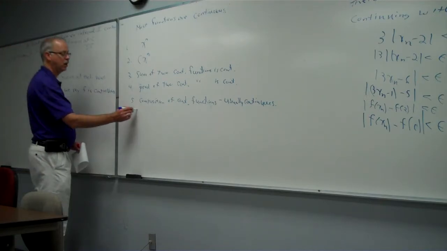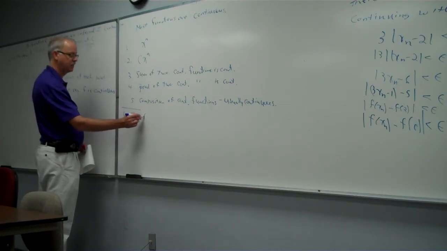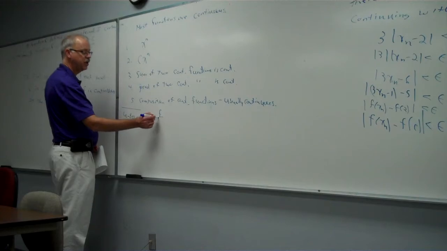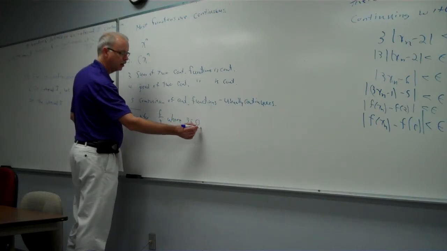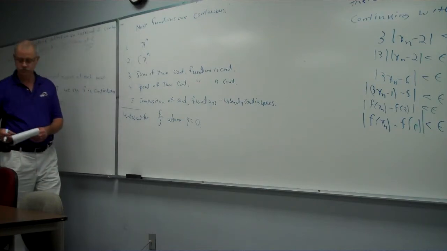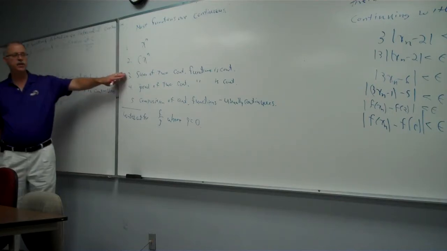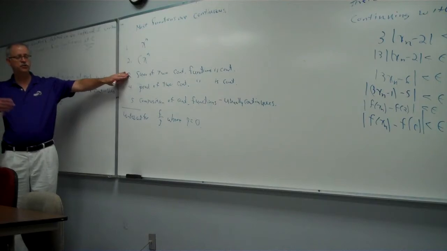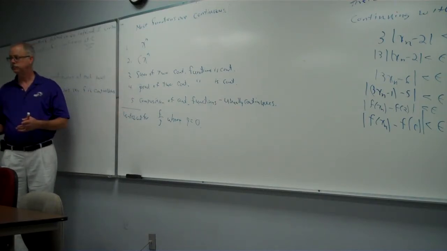The things that we have to watch out for: the division of functions where the denominator is 0. Fortunately, even if we divide two continuous functions, it's still continuous, except possibly where the denominator was 0.